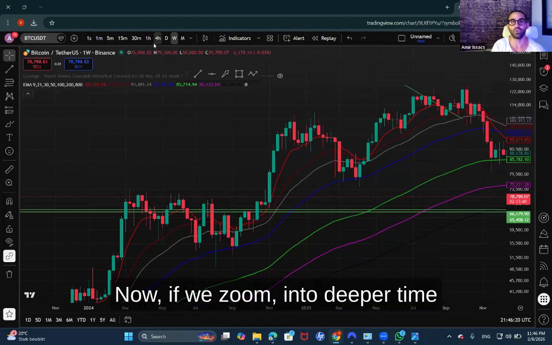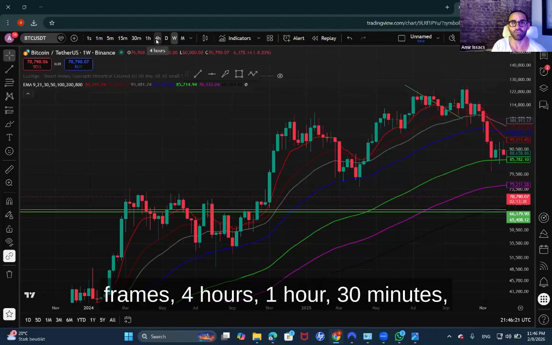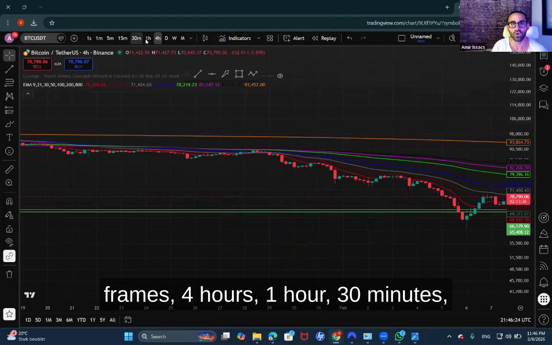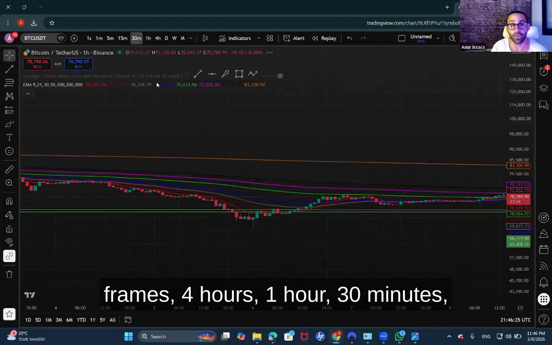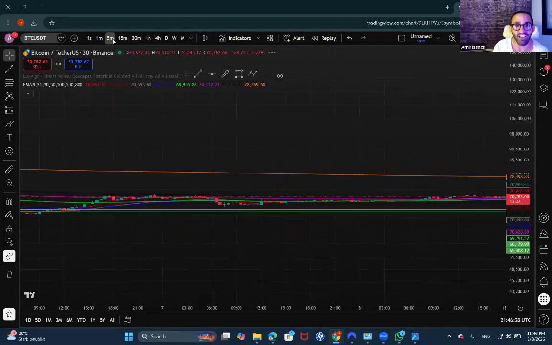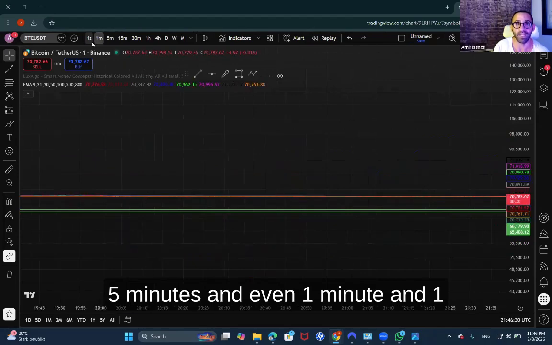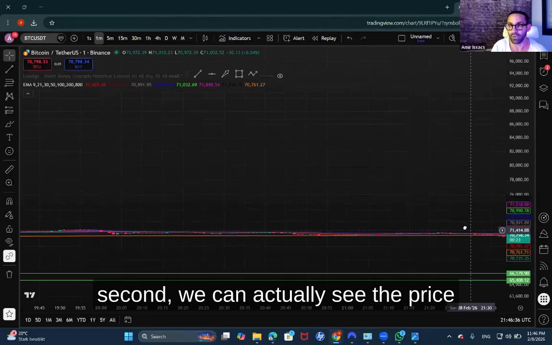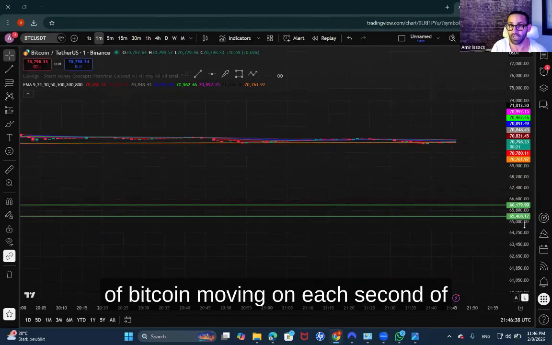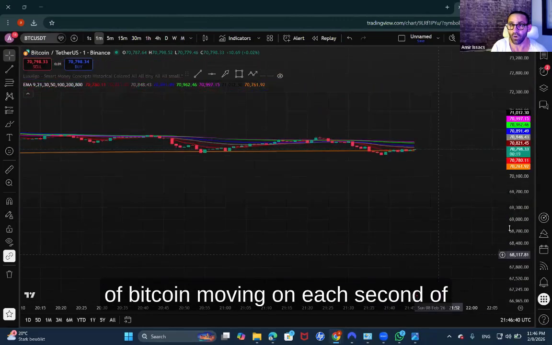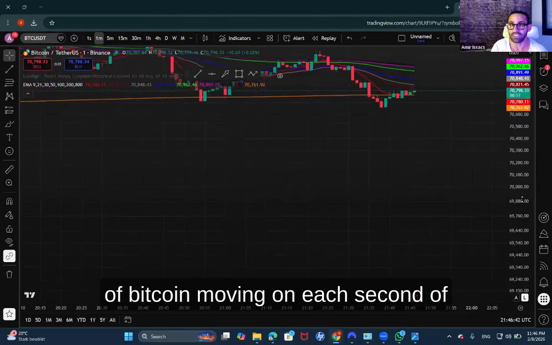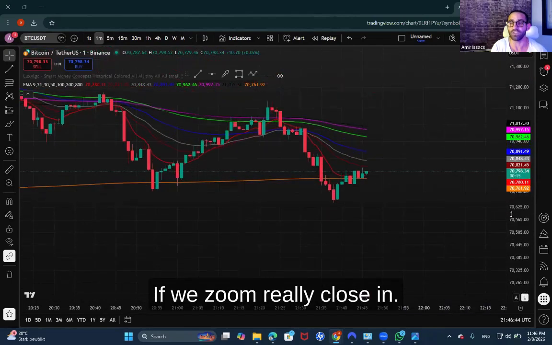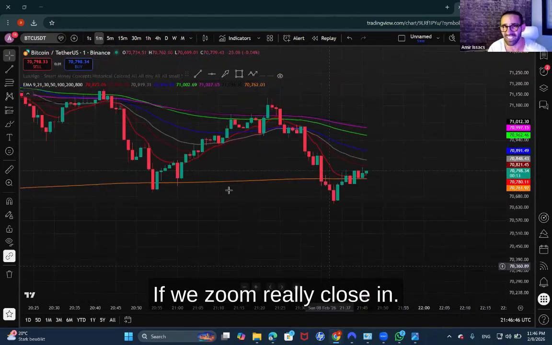Now if we zoom into deeper time frames, 4 hours, 1 hour, 30 minutes, 5 minutes, and even 1 minute and 1 second, we can actually see the price of Bitcoin moving on each second of the day, if we zoom in really close.